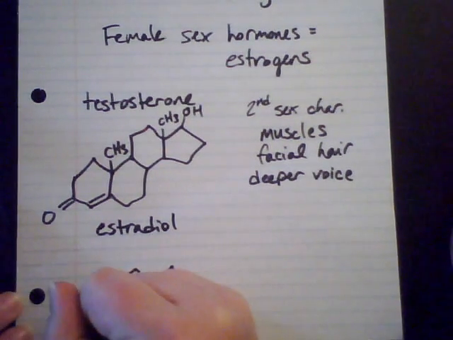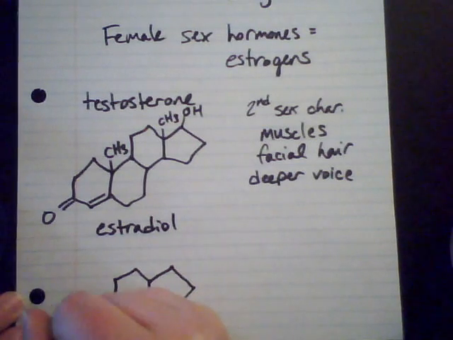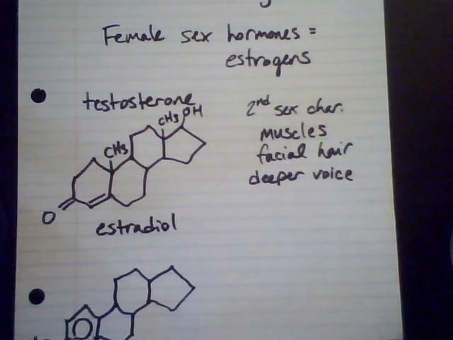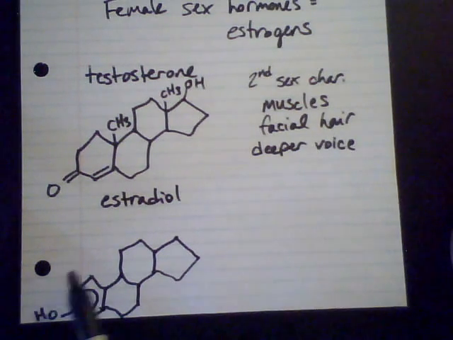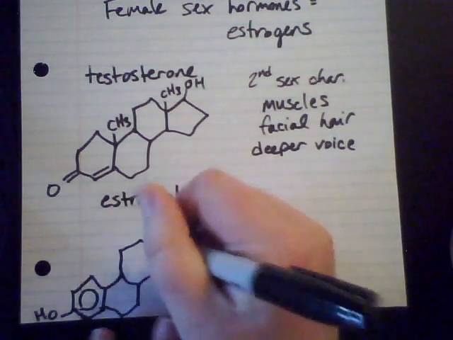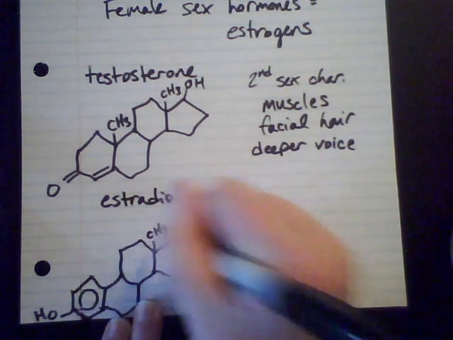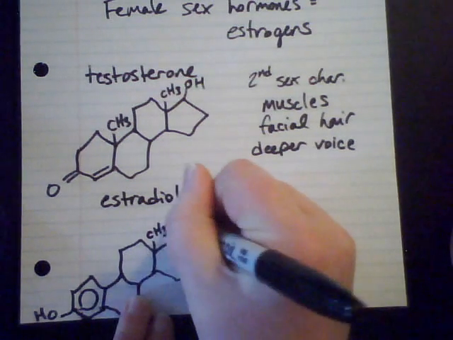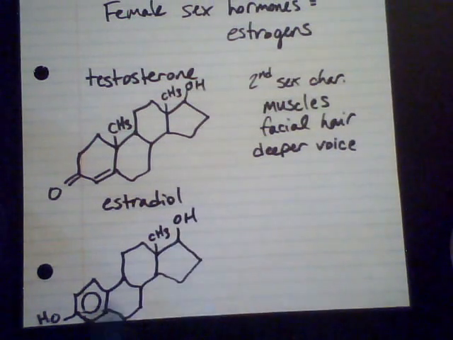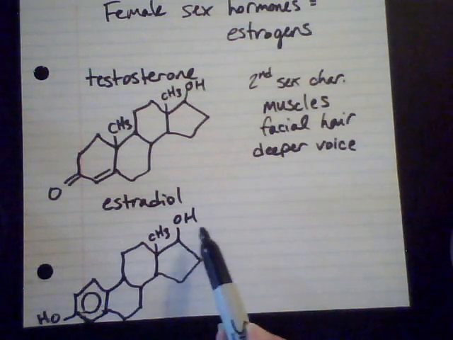We actually have a phenol group on estradiol. It's a benzene ring with an OH on it, so that's a phenol functional group. And then we also have a methyl group off of this one. And we have an OH as well. So we have 2 alcohol groups, one at the end here on our benzene, one over here where we had one on the other.